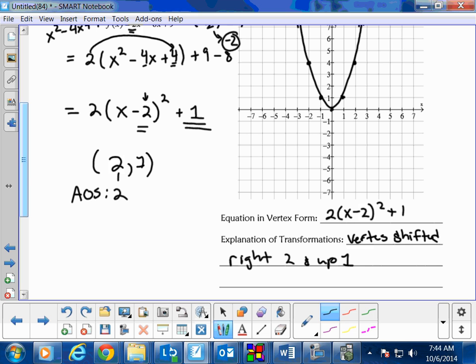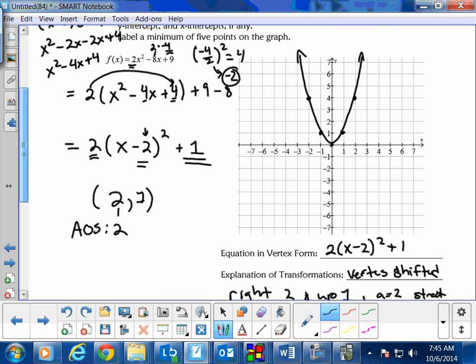And then the other thing we have is that a value of 2, a equals 2, well actually no, this value here means that we're going to stretch vertically. Stretch vertically because that's what that a value does.